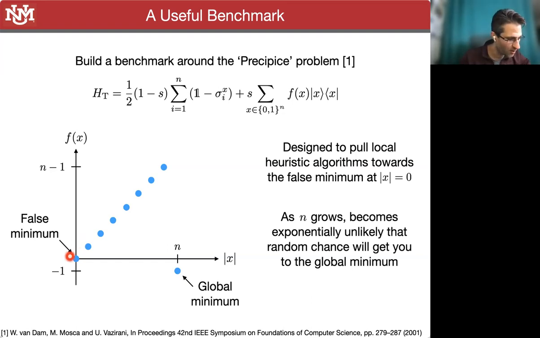Once you're here, you need to make n steps upwards to find the global minimum. As n gets larger, this becomes more and more unlikely, and it actually becomes exponentially unlikely. So this is an artificially hard problem, even though it's quite simple in some sense because it's permutation invariant.